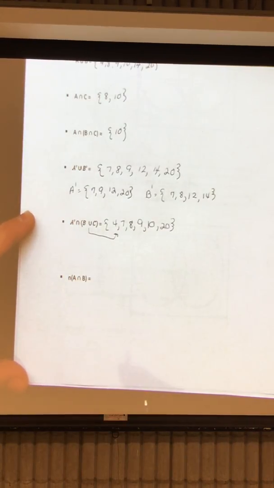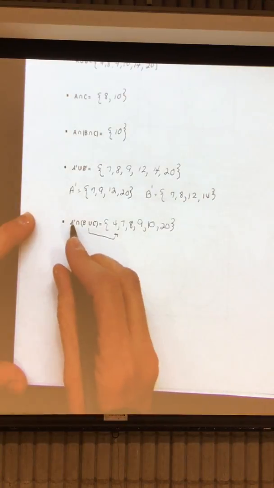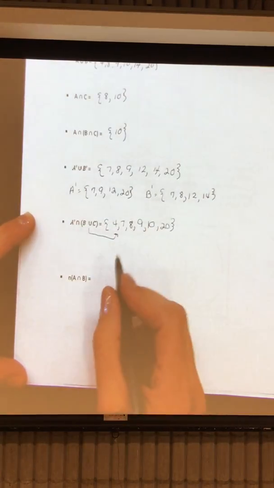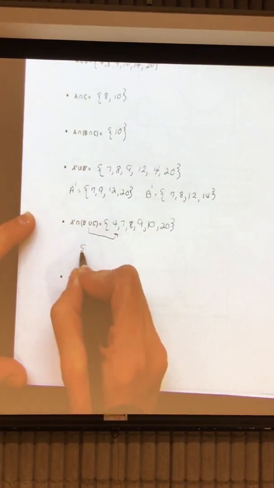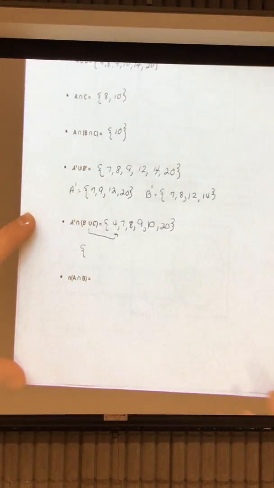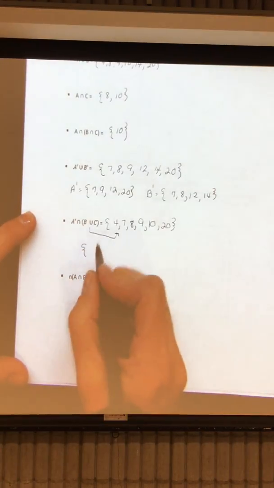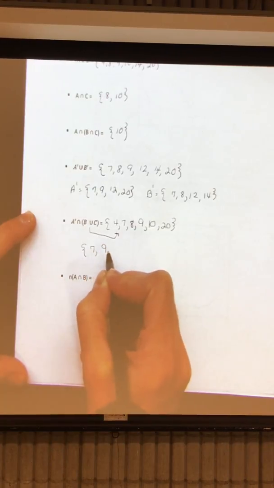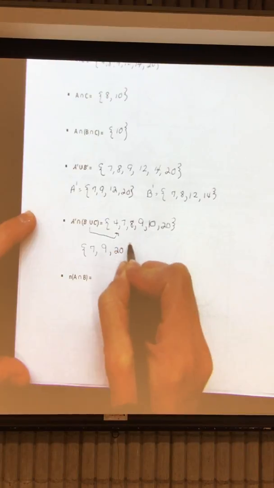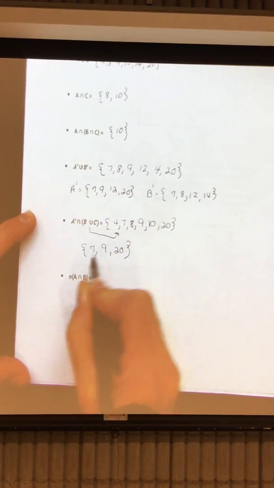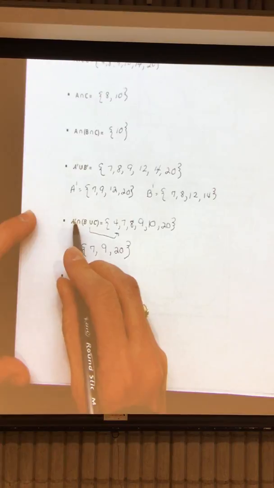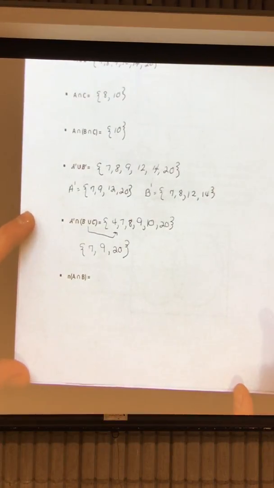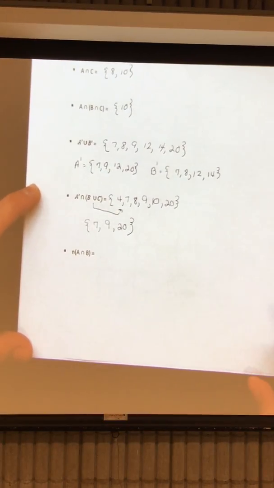And that is 7, 9, and 20. So 7, 9, and 20 are the elements in A complement and B or C.